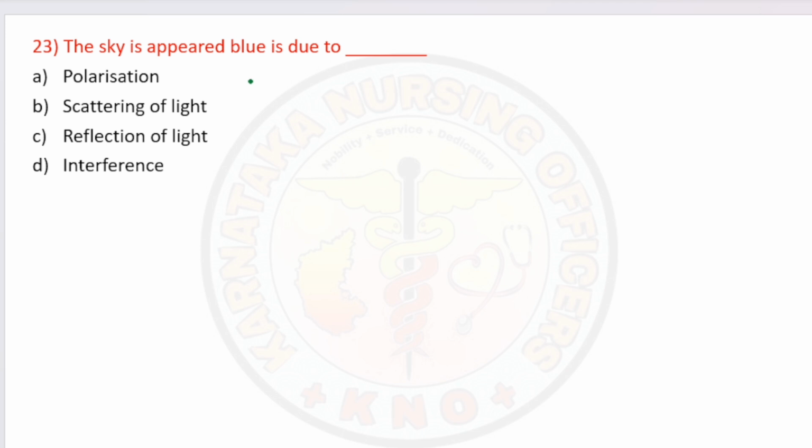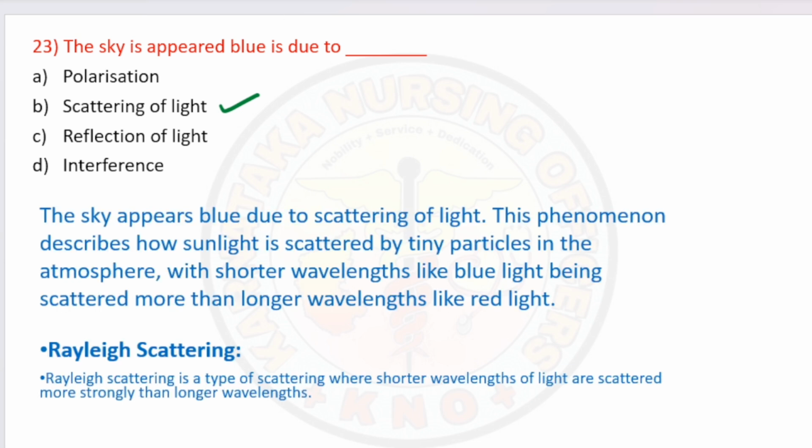The sky appears blue due to: polarization, scattering of light, reflection of light, or interference. So the correct answer is option B, scattering of light. The sky appears blue due to the scattering of light. This phenomenon describes how sunlight is scattered by the tiny particles in the atmosphere. Whenever the sun rays enter the Earth's atmosphere, see, sunlight is a composition of 7 colors, right?